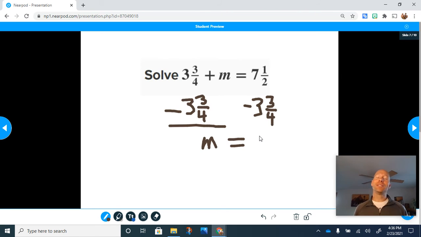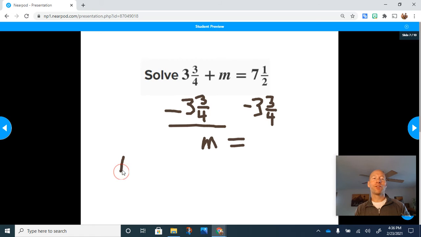Well, first off, I need to create improper fractions from 7 and 1/2 and 3 and 3/4, right? So 7 and 1/2 is the same as, well, 7 times 2 is 14, plus 1, so I get 15 halves.